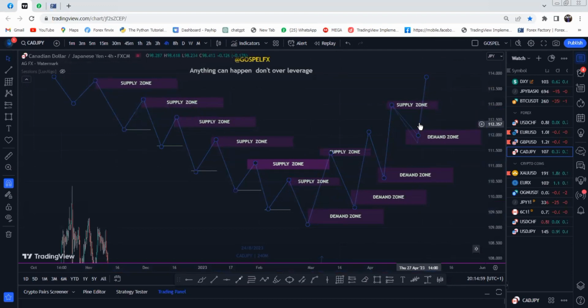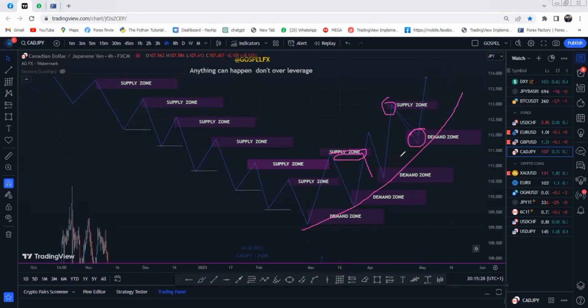The little sellers that are here, let's say we might have 10,000 sellers here, but meanwhile the buyers here are like 1 million. So these people are not going to be able to resist price from going up. First and foremost, when you are in an uptrend, a supply zone will not hold price to push it down. You understand?